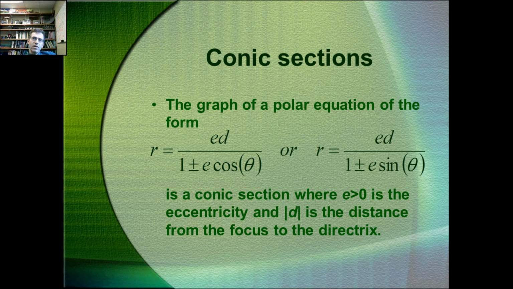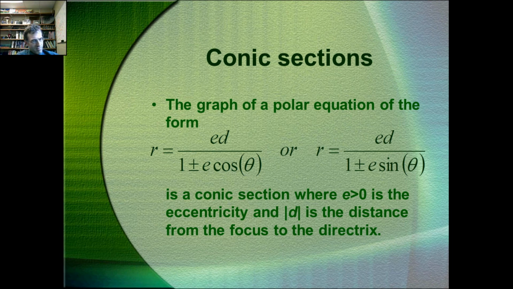And then the cosine and the sine act in the same way as I just showed you, that when you have a minus cosine in the bottom, then the arc that is closest to the origin will be opening to the right. And if it's negative, it'll open to the left.